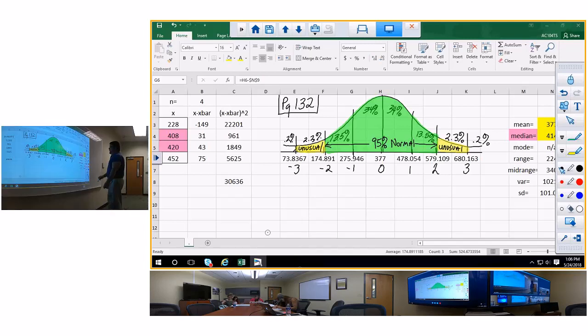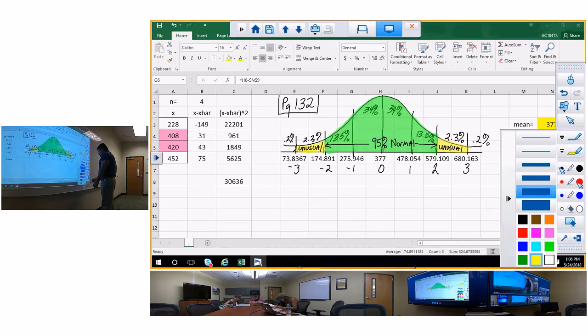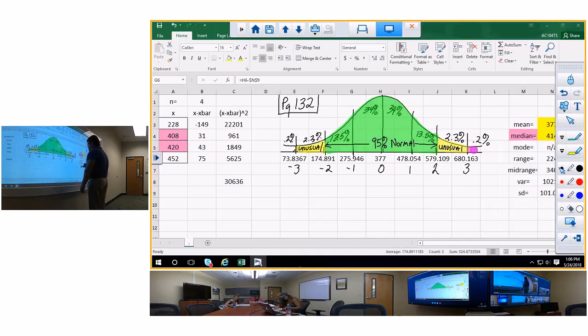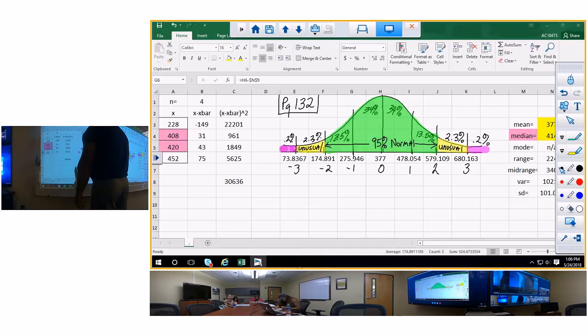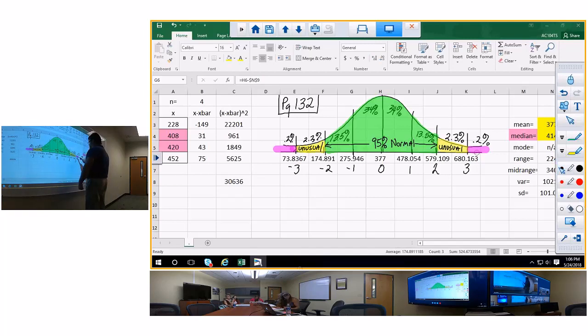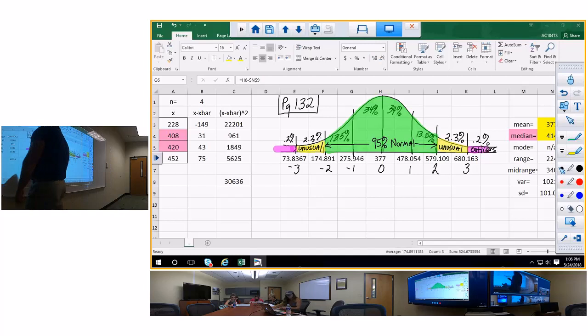And then we'll take a pink color. Let's go with magenta. And highlight this area. And that is the 300-pound second graders. Okay? That's your what? Outliers. Okay? That's what's way out of the norm.